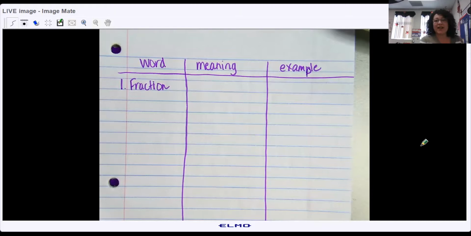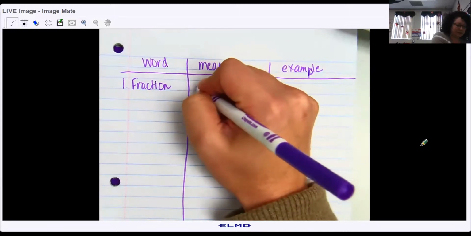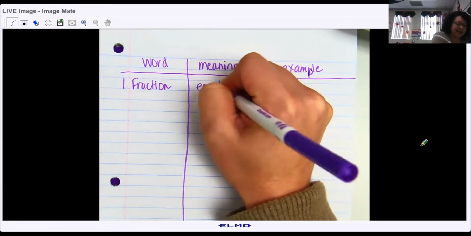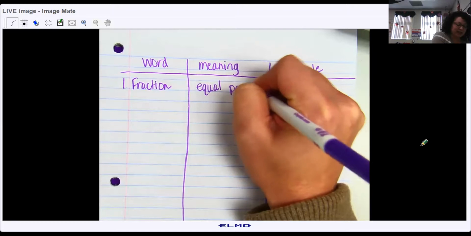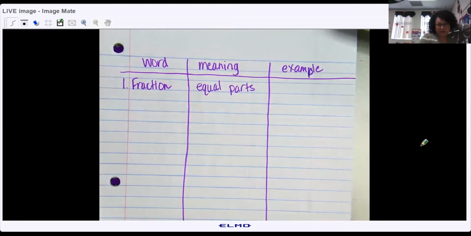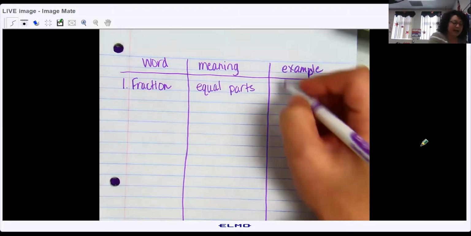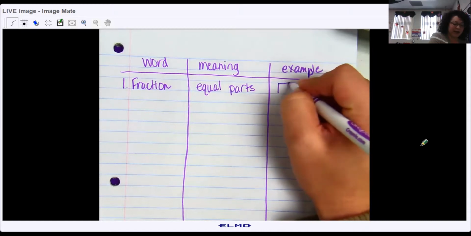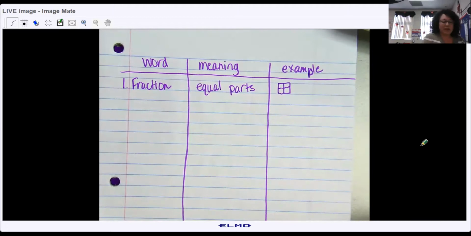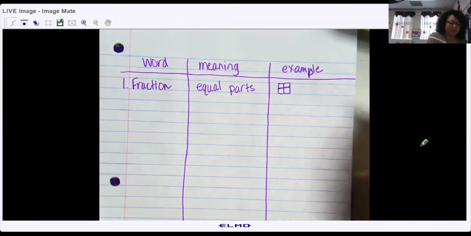A fraction has to have equal parts, okay? So it has to have equal sections. So an example would be like if I drew a square, those boxes are all equal.